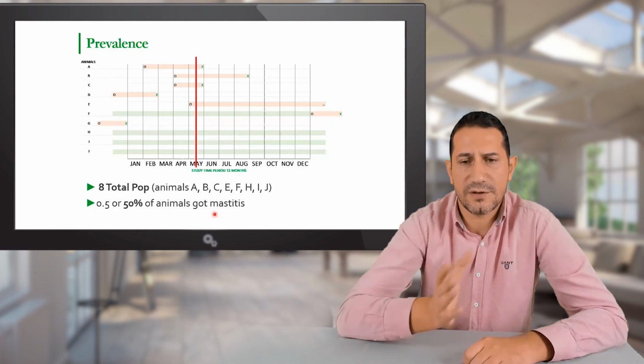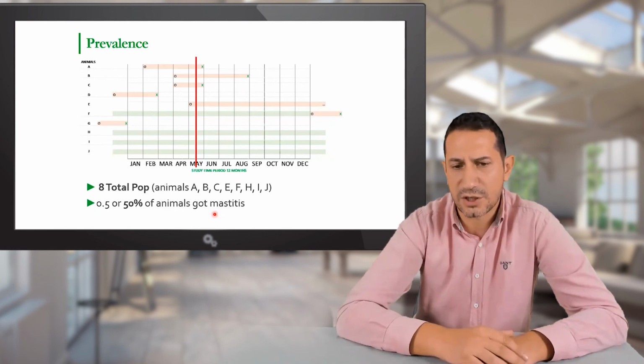So we have as a prevalence 50% of animals got the mastitis.